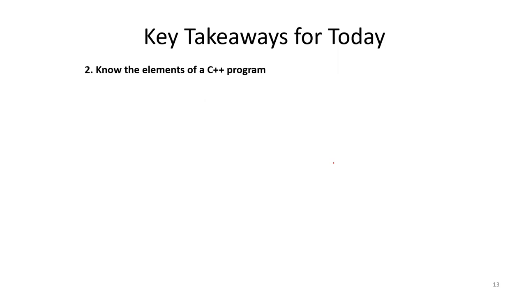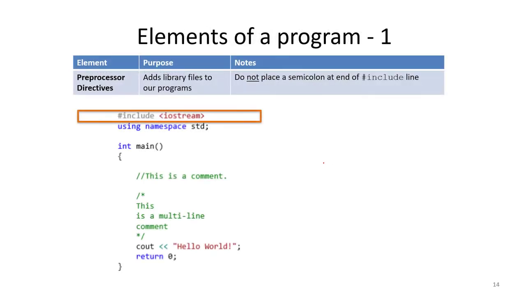It's very important that you understand the basic elements of a C++ program. Let's go through an example line by line and show what each element does. So first, one of the very first things you will see in a C++ program are those include statements. So these are called preprocessor directives.